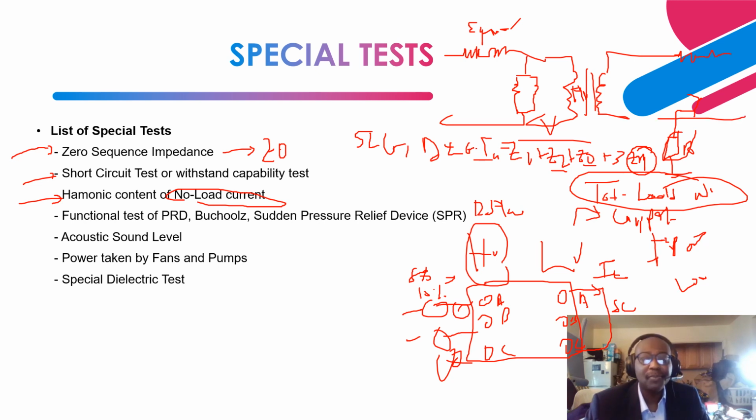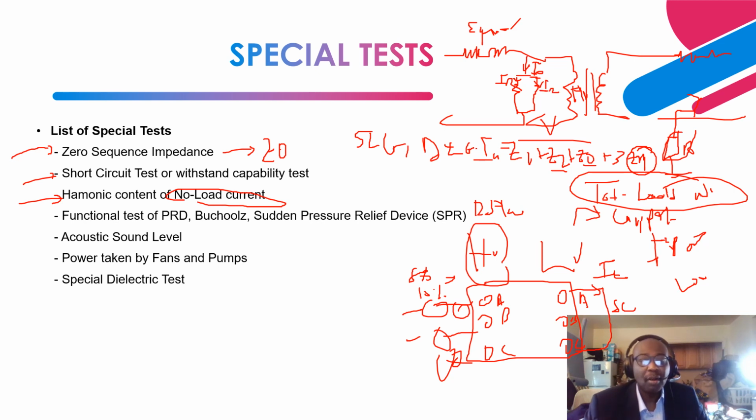So this path is your magnetization current, the I0. This magnetization current has been broken into two parallel paths. One part is the resistive part, and the other part is the reactive part of the current.